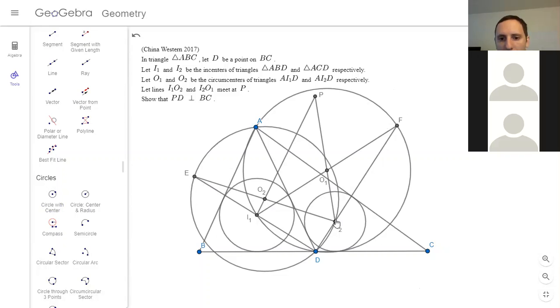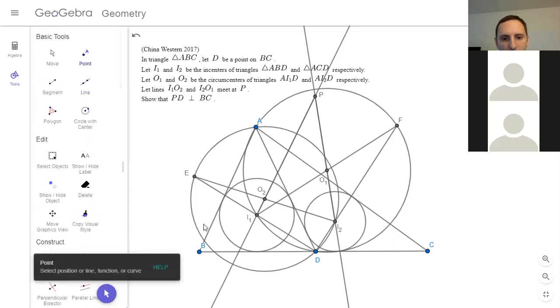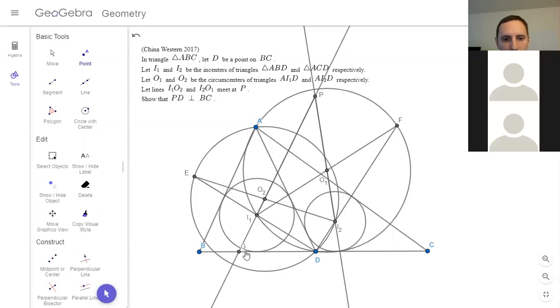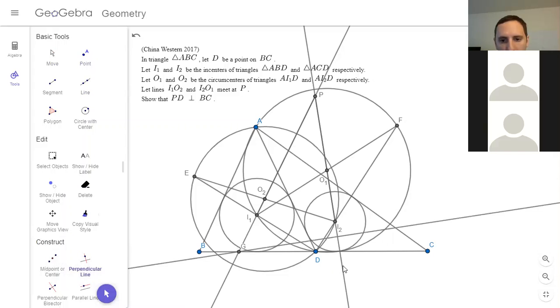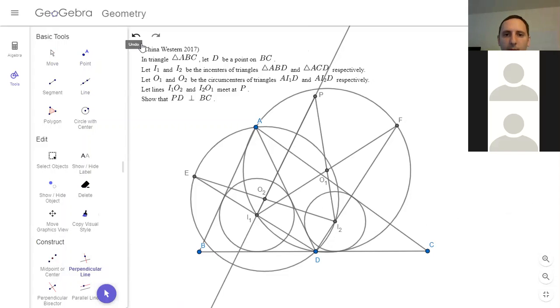So let's see, maybe I could let PI, what if I do this? I don't know if this will work, but I'm just going to see where it goes for a second. Yeah, I'm not really sure if that does much. Okay, I'm going to delete those.